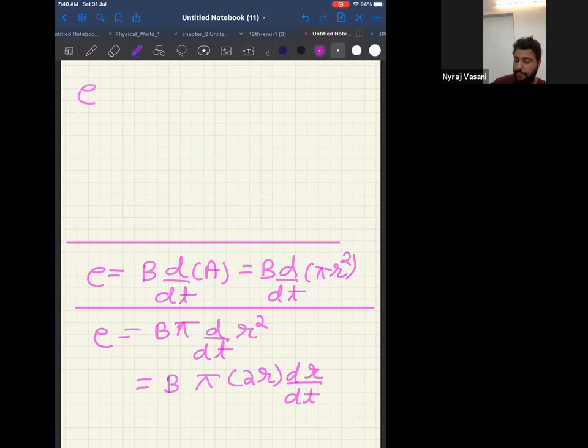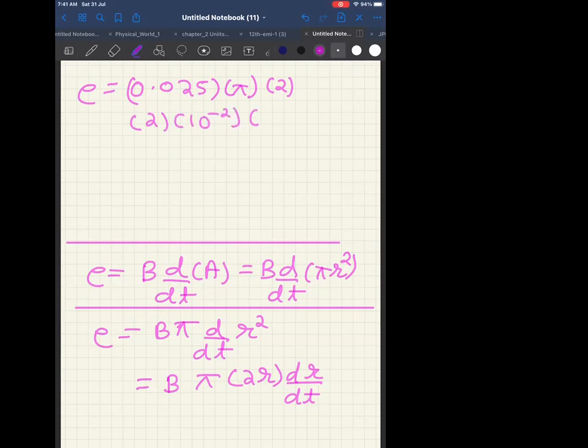E equal to, now B. Tell me, what is the value of B given in the question? 0.025, correct? Into pi, into 2, into r, that is 2 centimeter, that is 2 into 10 power minus 2. Into only 0.25.